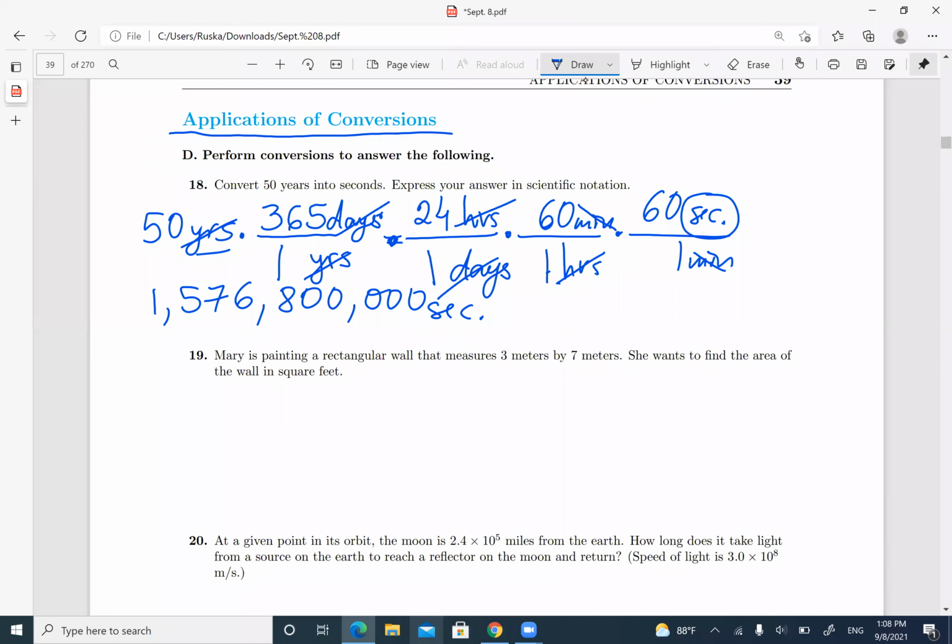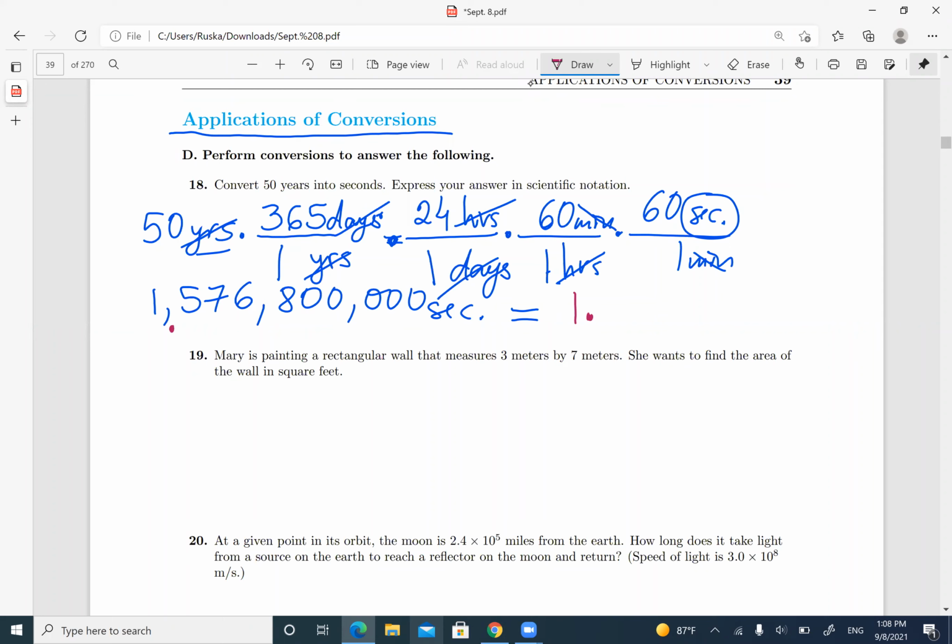Now we have to change this to scientific notation. When you do scientific notation, the decimal has to be here, right? The number in front of 10 to the exponent has to be between 1 and 9.